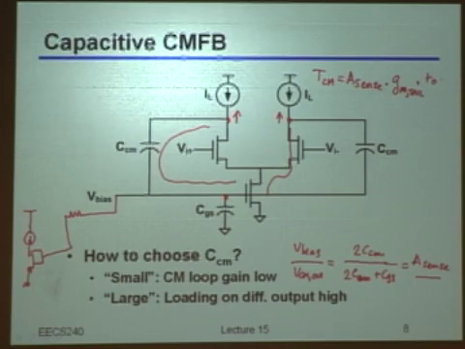Okay, so you can pretty easily express this as a function of the differential gain. You just need to basically multiply and divide by the GM of the differential pair. So you still get this A sense times, if I multiply and divide by the GM of the input device, GM1 RO, which is then the gain of the differential mode, times the GM of the tail device divided by GM1, the GM of the input device.